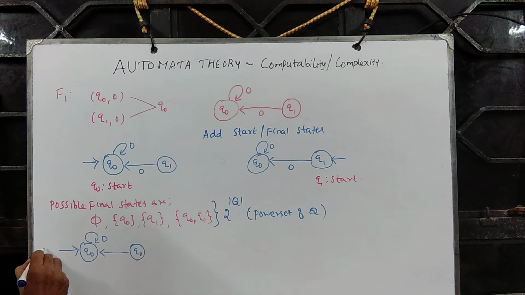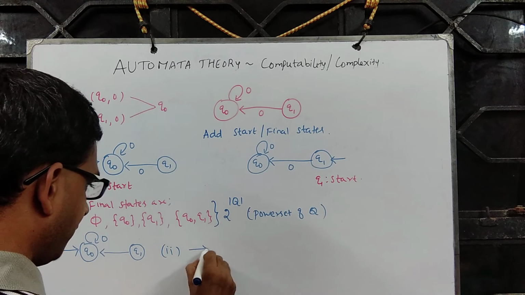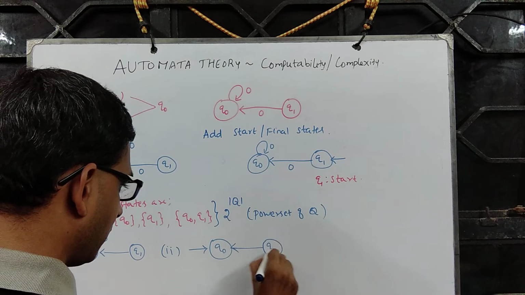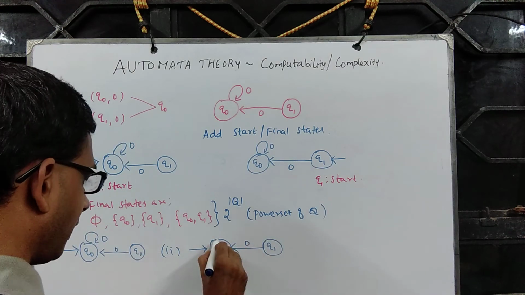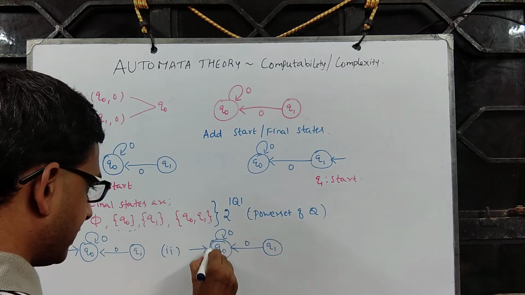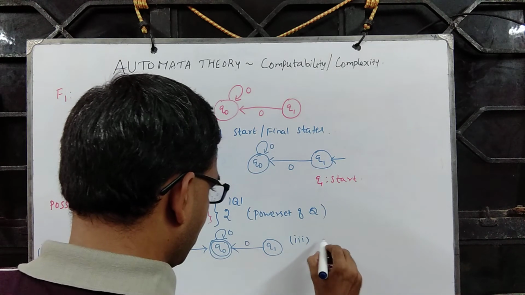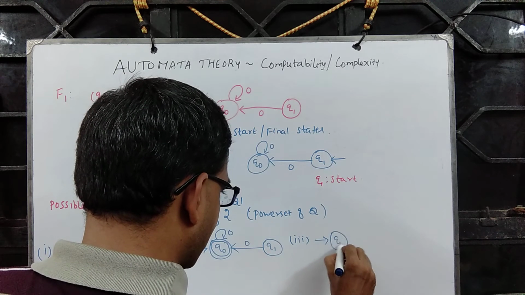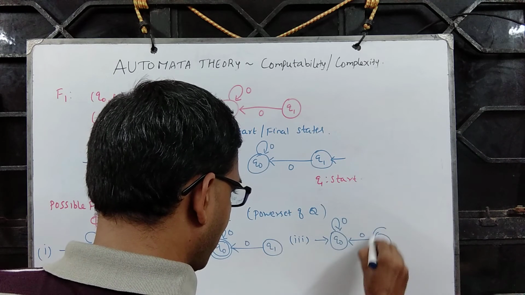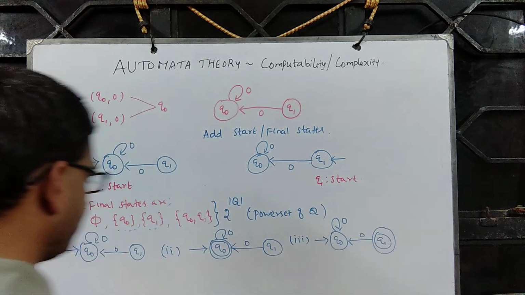I get this automaton, or with q0 as the start state, the first one says q0 itself is your final state, so we get this. Or with q0 as the start state, this says q1 is our final state, we get this.